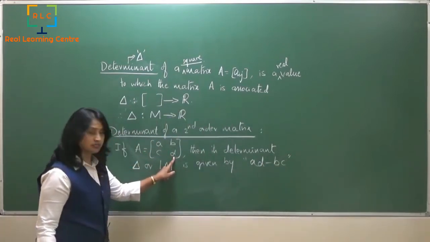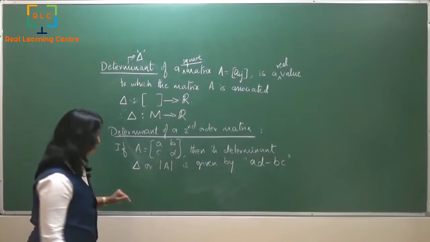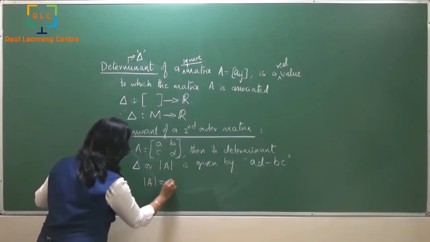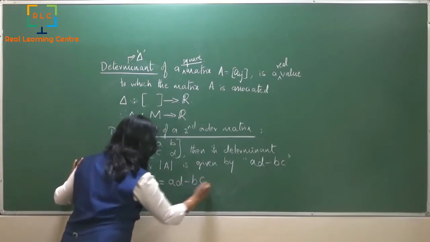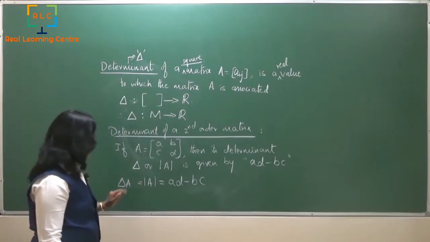Principal diagonal elements product minus the other diagonal elements product. So determinant A is equal to AD minus BC, which is also called delta A.